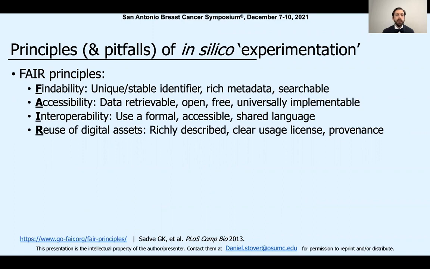FAIR principles have really been critical as a field and across fields to ensure that all publicly available data adheres to findability, accessibility, interoperability, and reuse of digital assets or ability to reuse data.